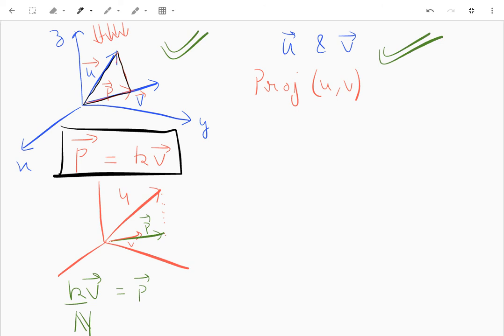It is a right angle triangle, and this is a perpendicular vector which I'll name x. And since it is perpendicular to v, I know that the dot product of x and v will be 0, right?